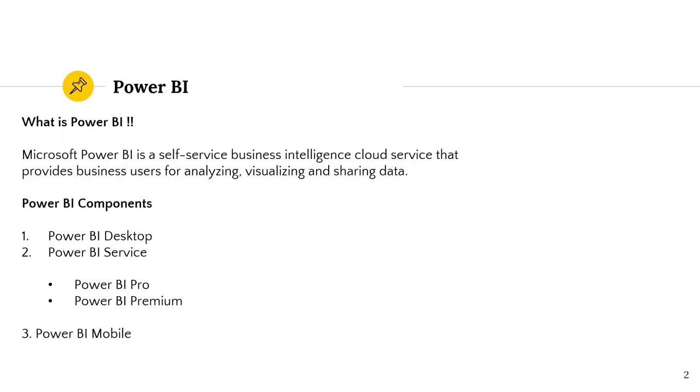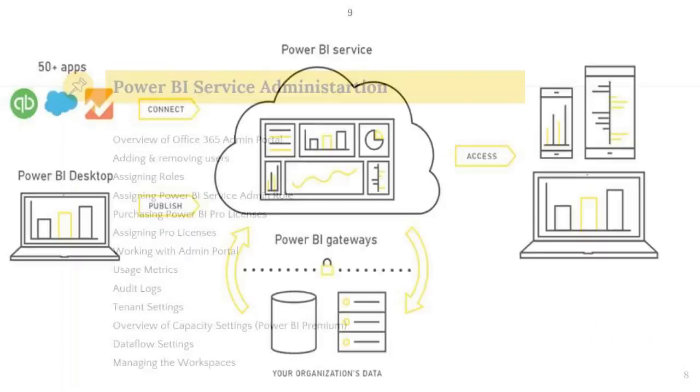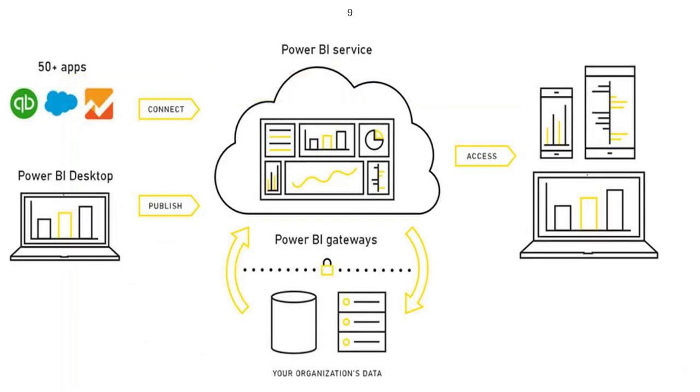Now let's just see the architecture of Power BI and how it looks, and the different approaches the industry follows for Power BI development and deployment. So let's see the architecture. This is the architecture given by Microsoft, where you can see the apps here. Apps means sources.